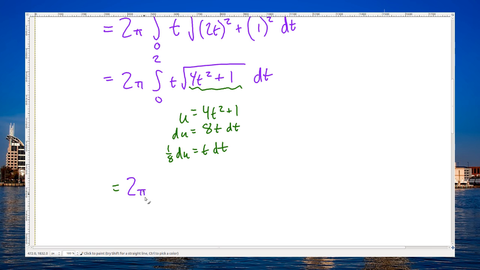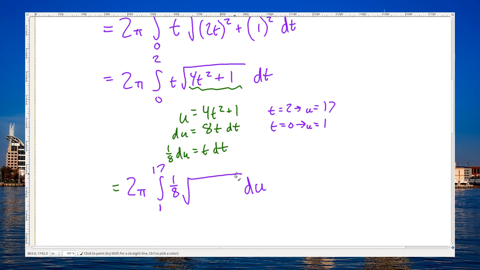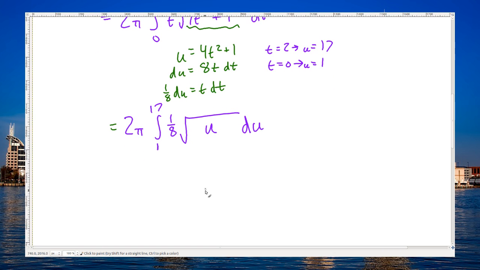Oh, I need to change these t values. If t is equal to 2, then u is equal to 4 times 4 plus 1, which is 17. If t is equal to 0, then I get 0 plus 1, which is 1. So from 1 to 17 for the u values, t dt becomes 1/8 du, and the square root of 4t squared plus 1 just becomes the square root of u, so u to the 1/2.